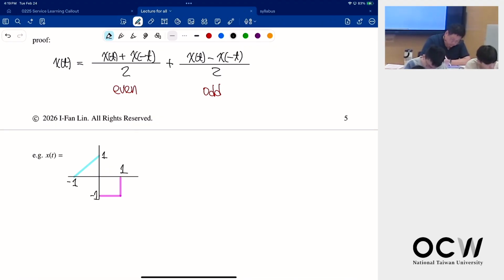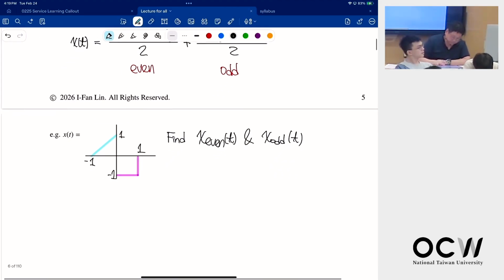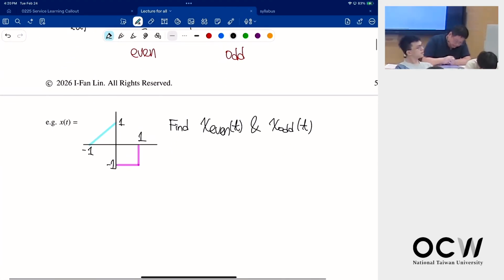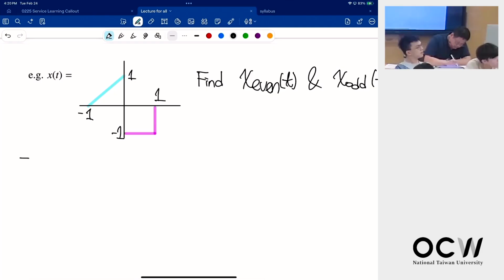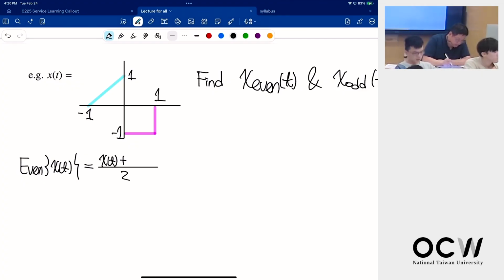So we need to find the even part, and also the odd part. So the even part, we know that should be x of t plus x of minus t divided by 2.